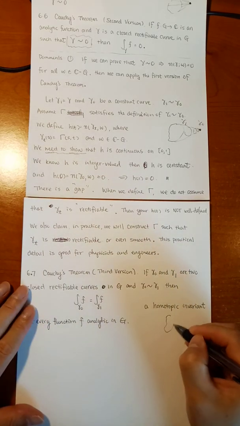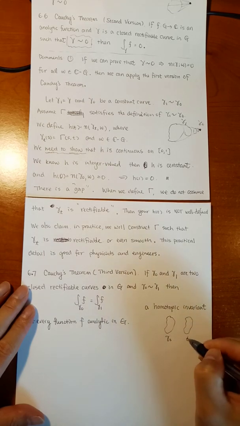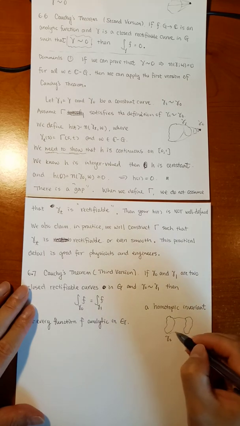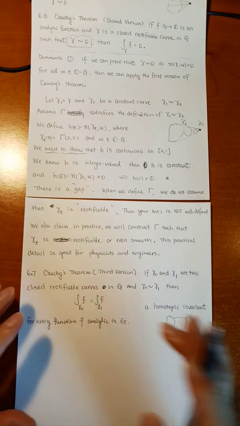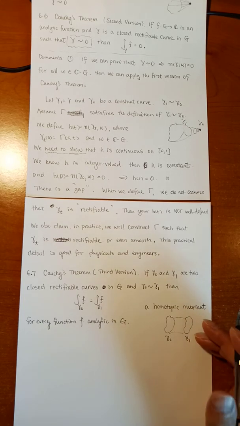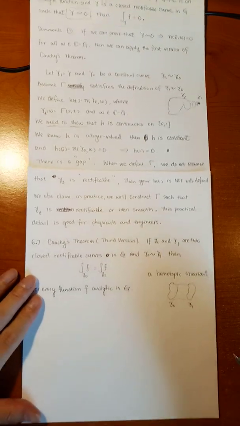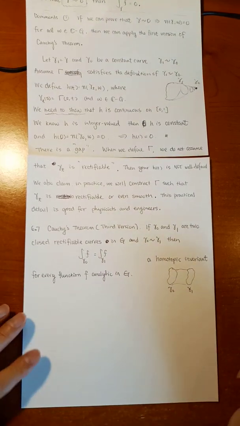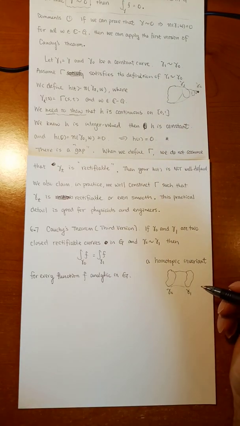Okay, so if there is a way to deform from gamma 0 to gamma 1, then this integral will be a constant, will not change, will be an invariant. All right, so that is the idea the author tried to emphasize.